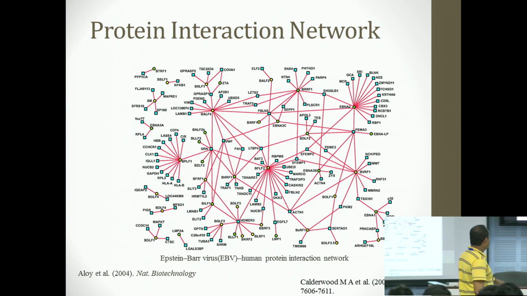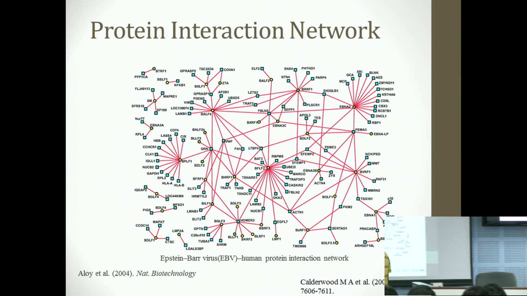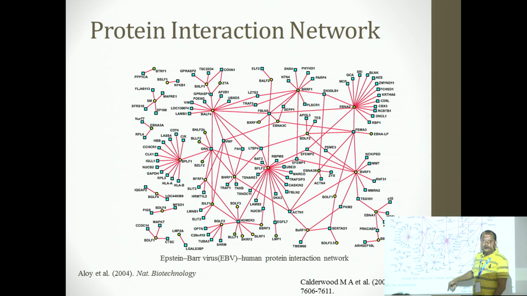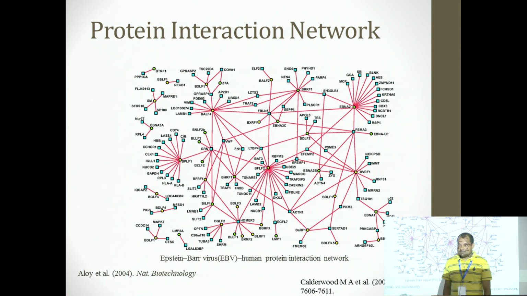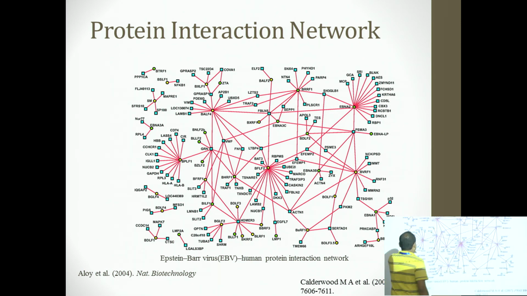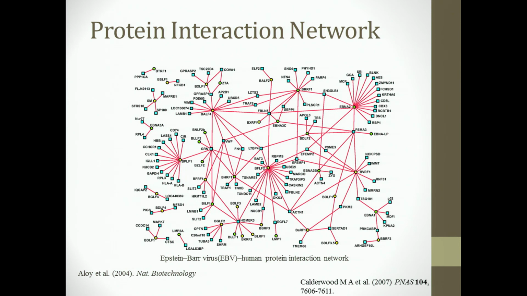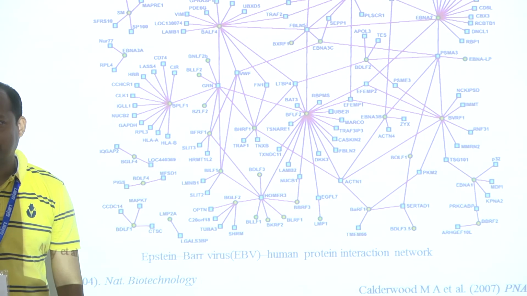This is one protein interaction network. It says that this is an EBV virus and human interaction network, right. Now, as per the definition of our protein interaction, these are proteins and there is an edge between these two proteins because these two interact with each other, right.